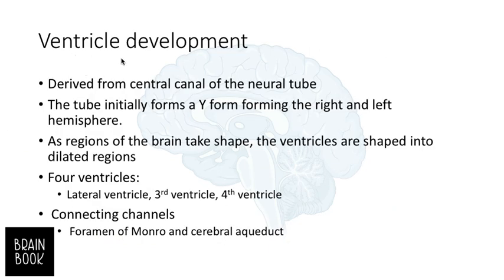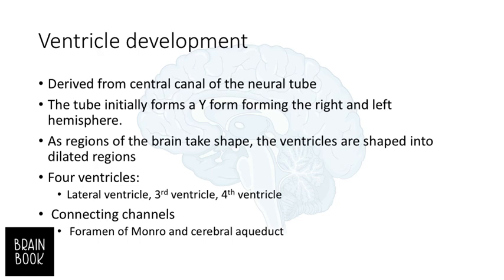Ventricle development. You know that the ventricles in our brain are parts of our brain that do not contain neurons and glia, and they are filled with CSF or cerebrospinal fluid. They are derived from the central canal of the neural tube, and the tube initially forms the Y form from the right and the left hemisphere.